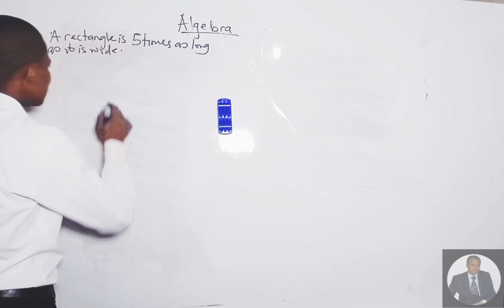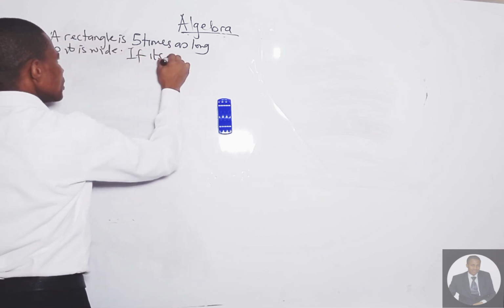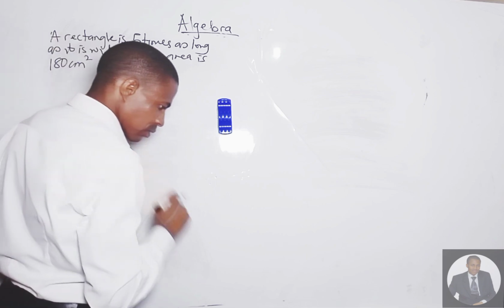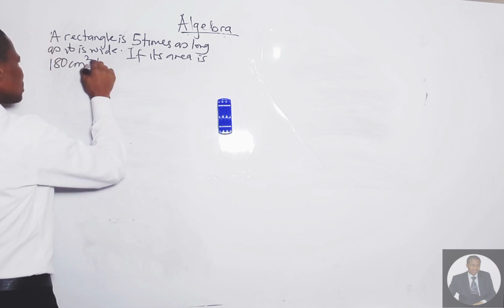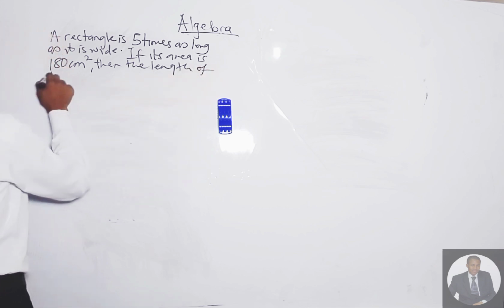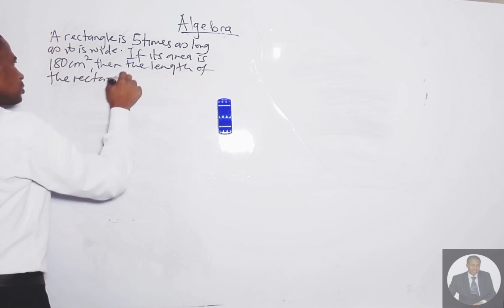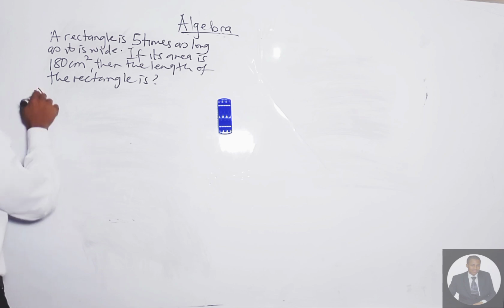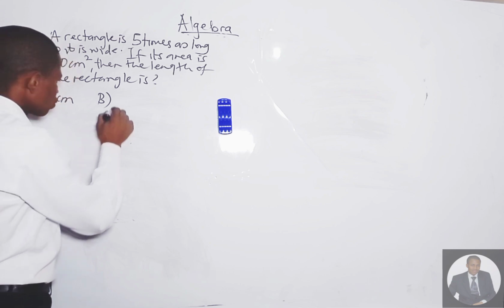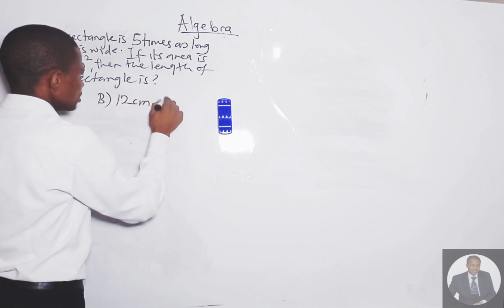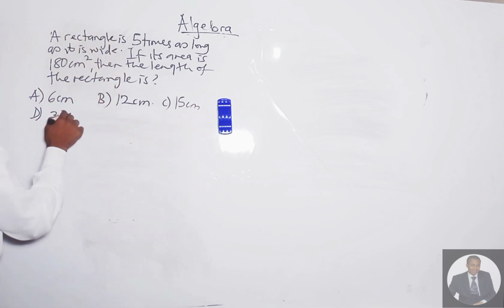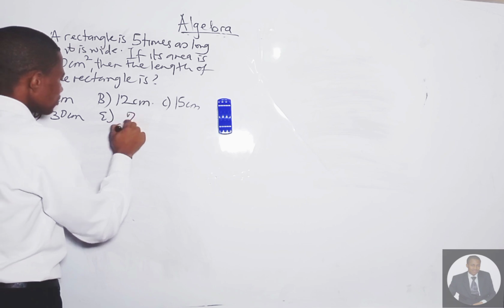If its area is 180 centimeters squared, then the length of the rectangle is, and we are given options here: A 6 centimeters, B 12 centimeters, C 15 centimeters, D 30 centimeters, then E 75 centimeters.